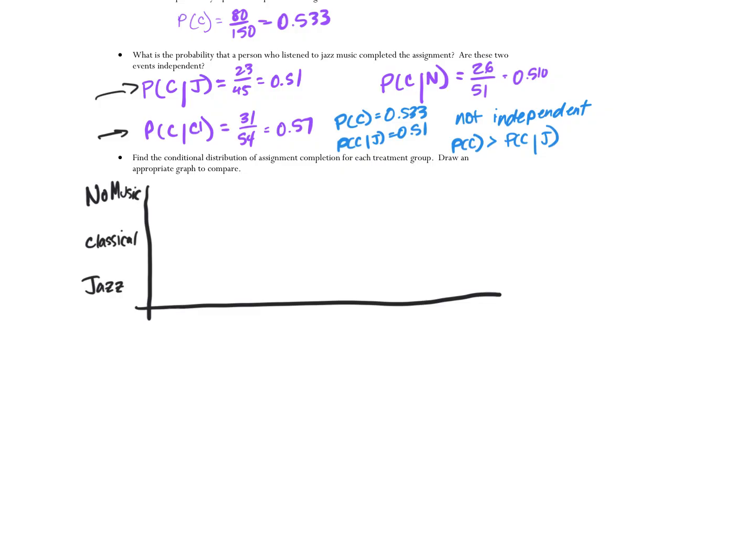My horizontal axis will be the relative frequency of completion status, I guess, would probably be the best way to do it.